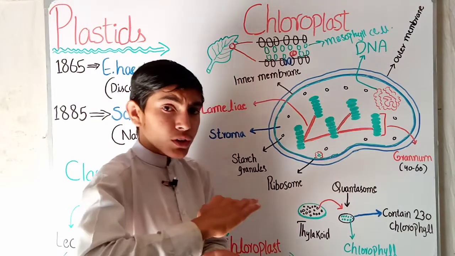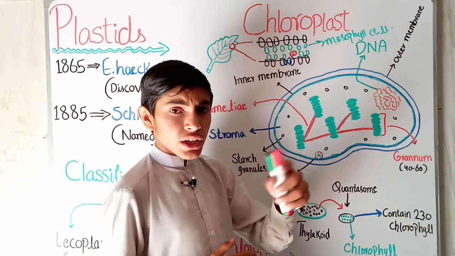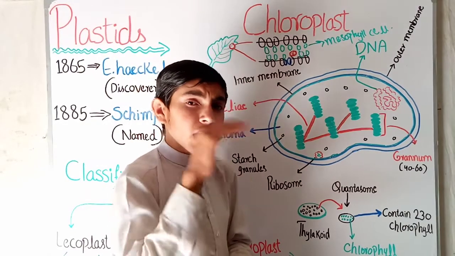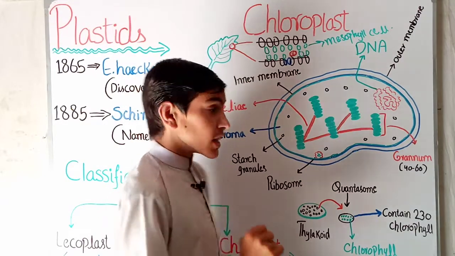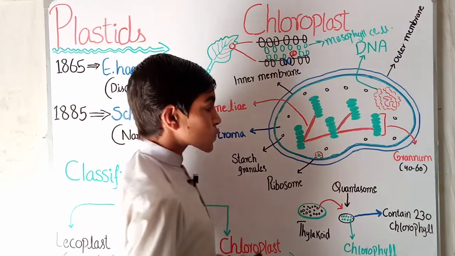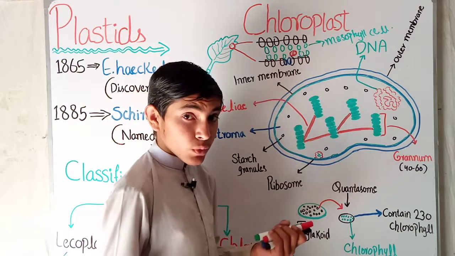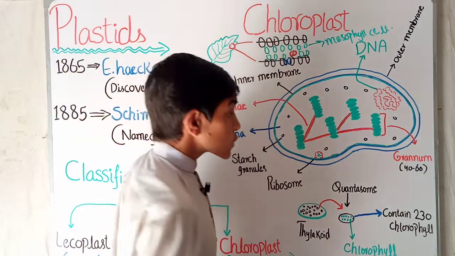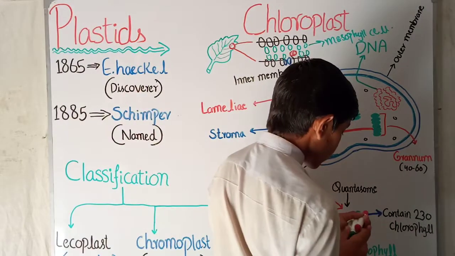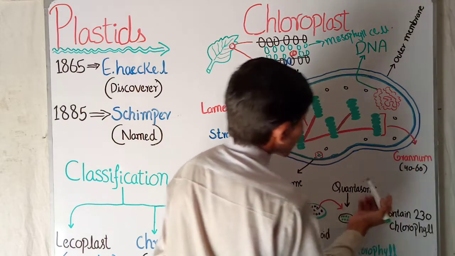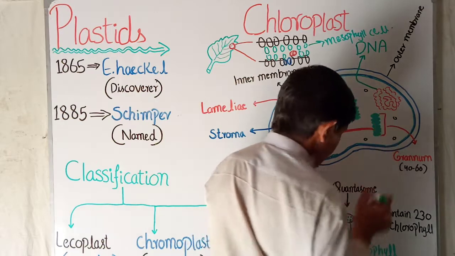If we put one coin on another, it forms a pile of coins. So actually the granum is a pile of coins, or a pile of thylakoids.